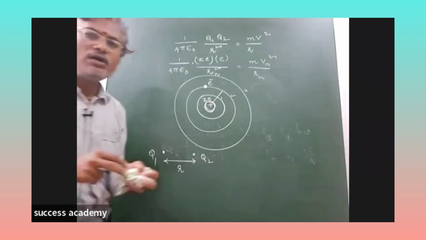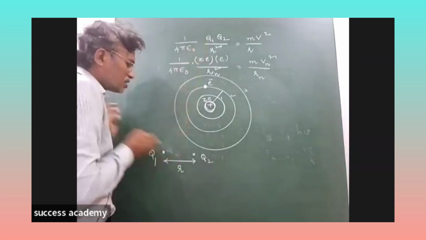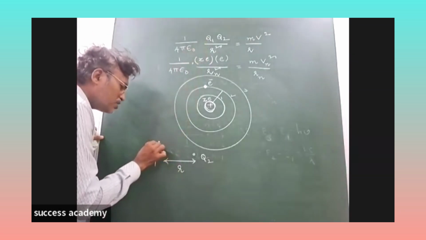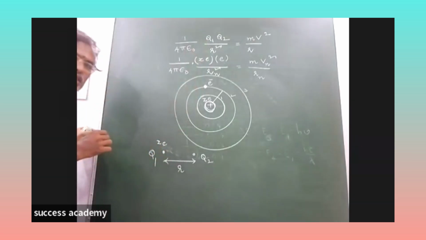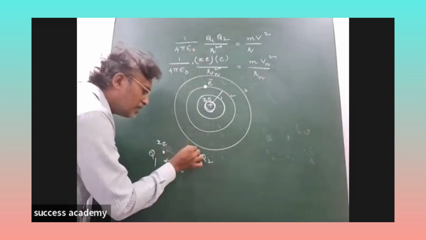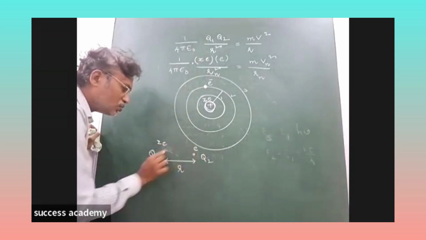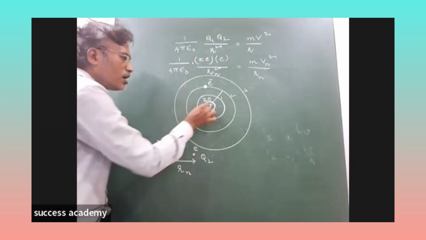With this, here we are taking further, and q1 is nothing but the proton number Z, so the magnitude is Ze. q2 is only one electron, and this is e. In between these two, what is the distance? Rn, radius of nth orbit.